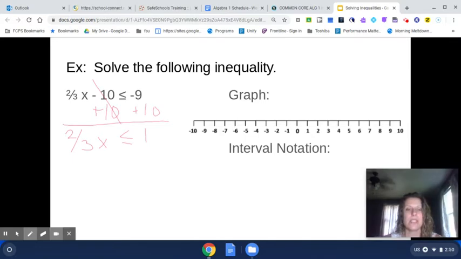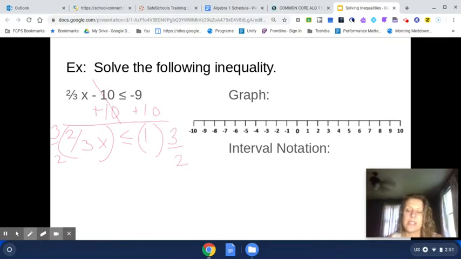Although the opposite operation is divide, it's going to be easier if we multiply by the reciprocal. So remember, anytime you see a multiplication sign or a division sign, you could think multiply by the reciprocal. So we're going to multiply both sides by the reciprocal of 2/3, which would be 3 halves.